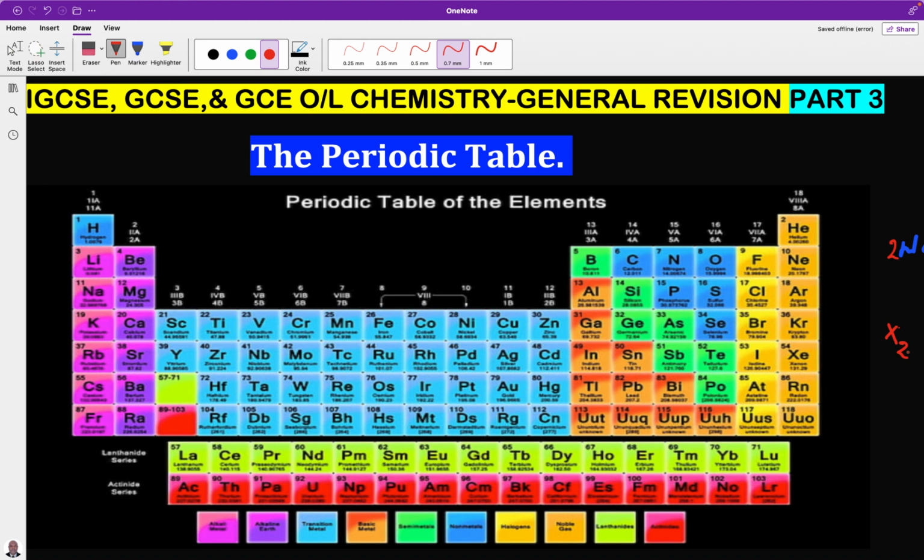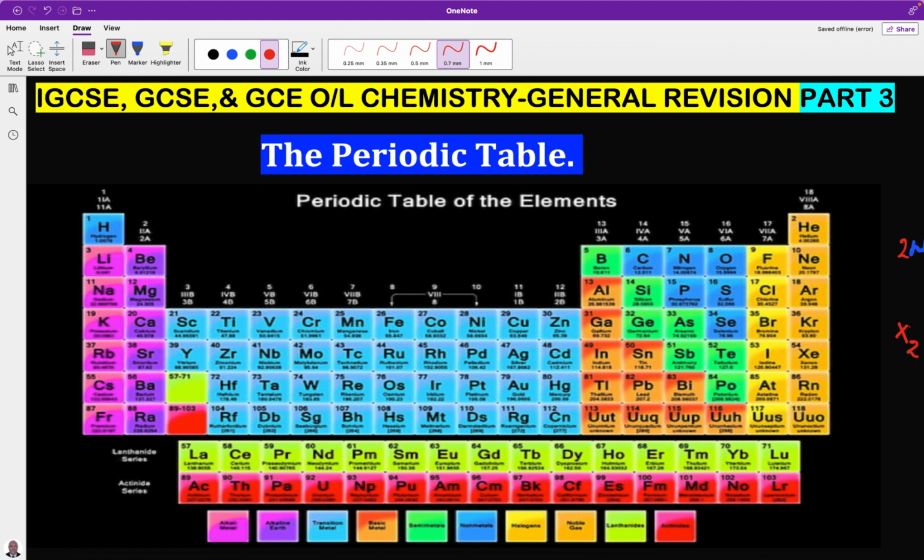They exist as diatomic molecules like that. It should also be noted that the halogens, in their physical appearance, move from gas to liquid to solid.